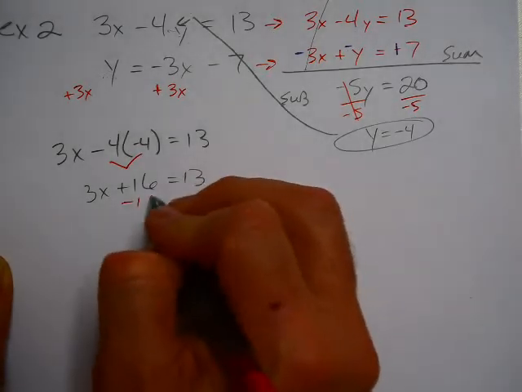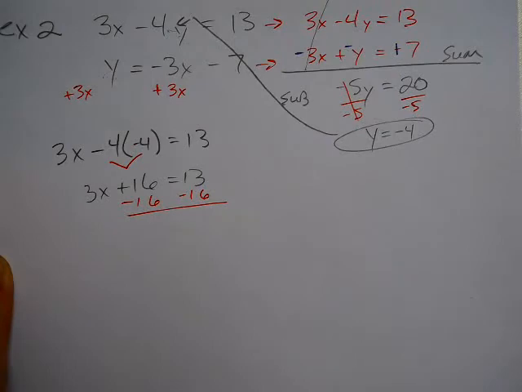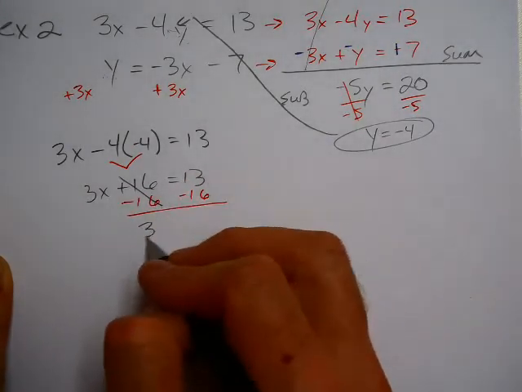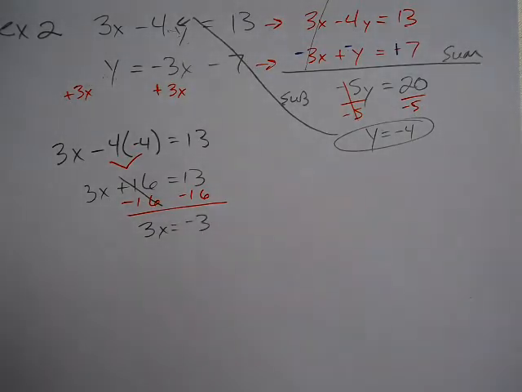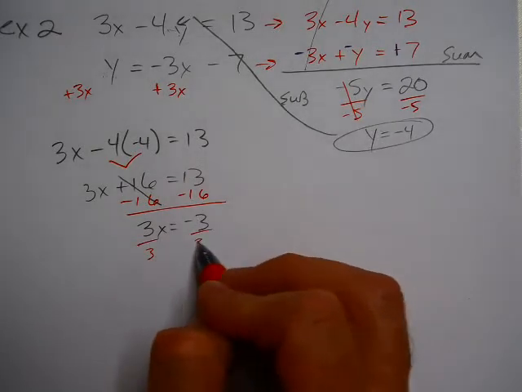Now I'm going to subtract 16 from both sides. I'm going to get 3x equals negative 3. Divide by 3 and we get x equals negative 1.